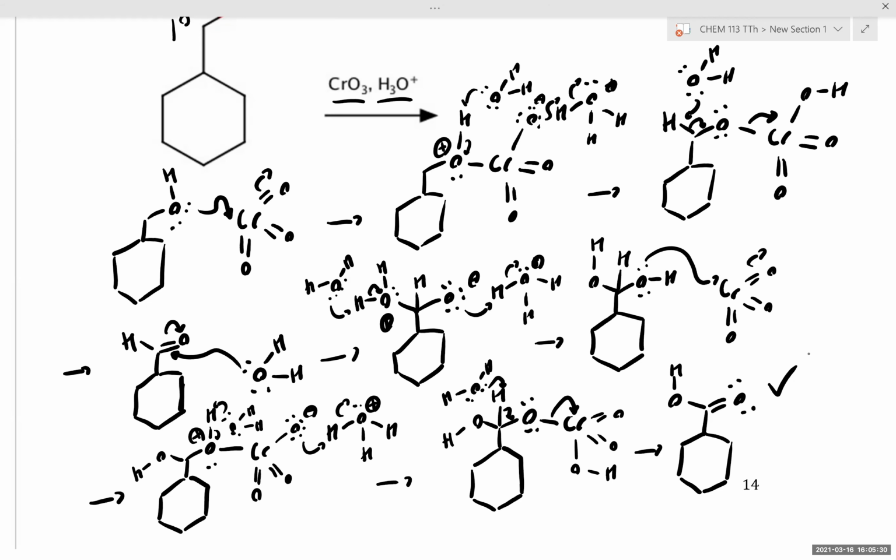Does this example make sense to everyone? Any questions on this example? Sure. Any questions I can address?